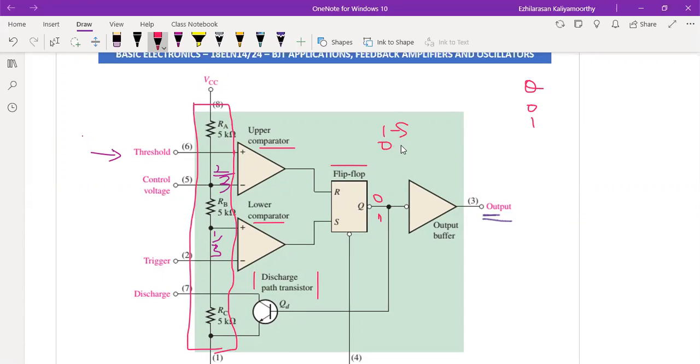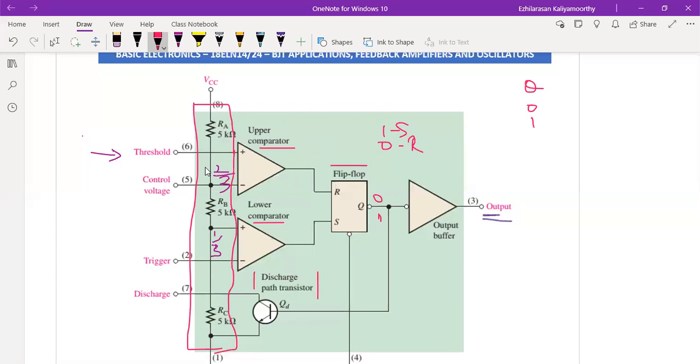The 0 will be represented as reset. That is SR. Here we have given SR. It is an SR flip-flop. S is set, R means reset. Set means value 1, we are setting the flip-flop. R means we are going to reset the flip-flop, that is 0. The state of the output can be changed with the proper input signals. Now here the resistance voltage divider will be used to set the voltage comparator levels.